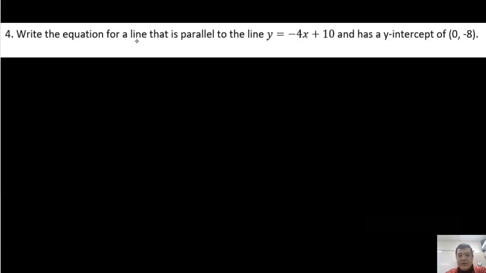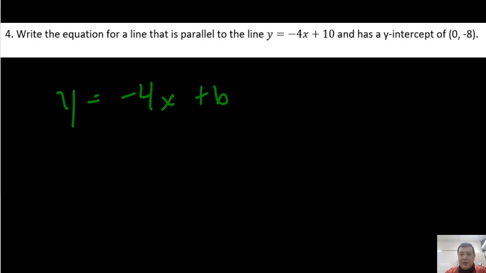Here it says write the equation for a line that is parallel to the line y equals -4x plus 10 and has a y-intercept of (0, -8). So here there are two ways we can do this. We can do this by knowing that our slope is going to be -4, so y equals -4x plus b. We need to figure out what b is.